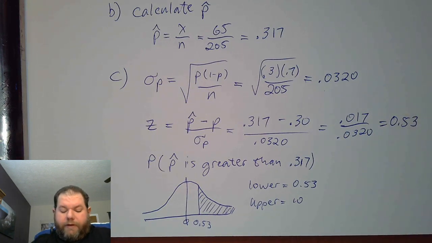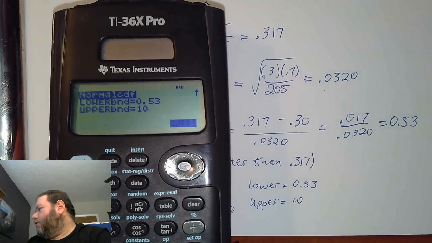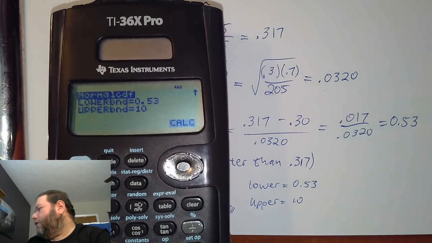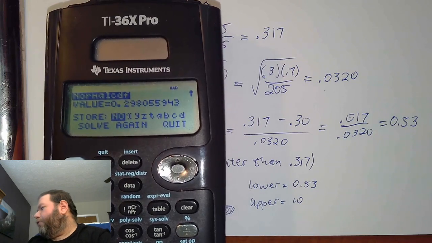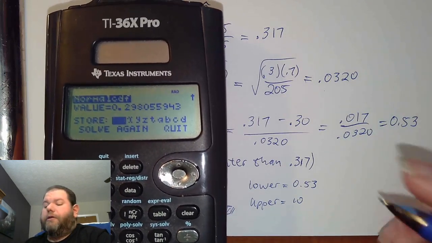So now we can finally put that into our calculator and find the probability. 0.53 for lower, 10 for the upper. And so we calculate, we get 0.2981.